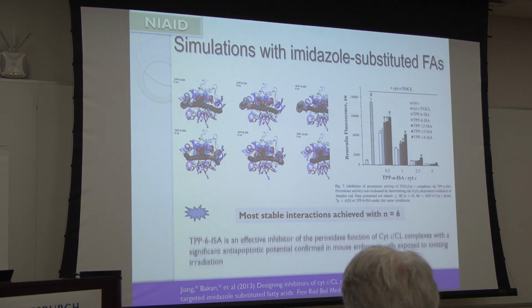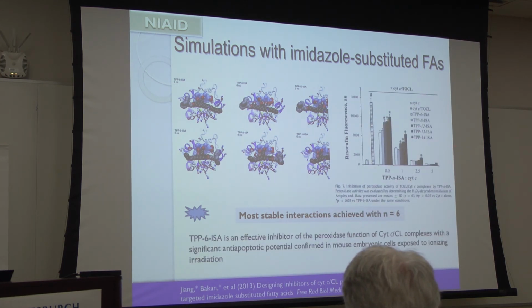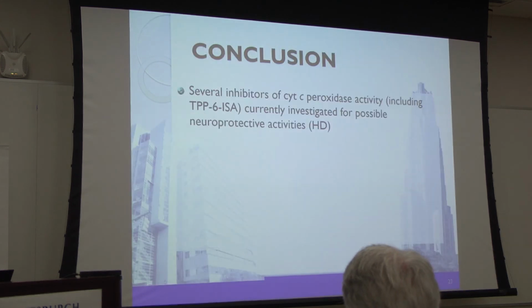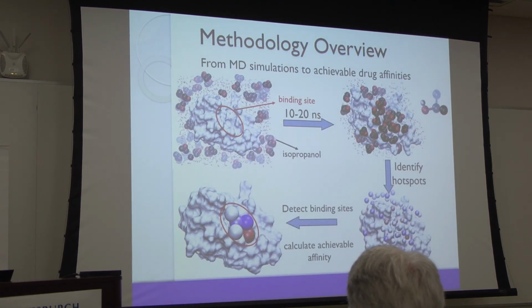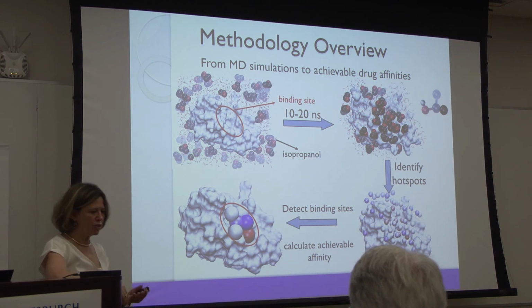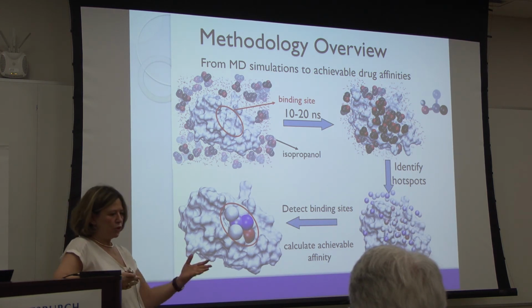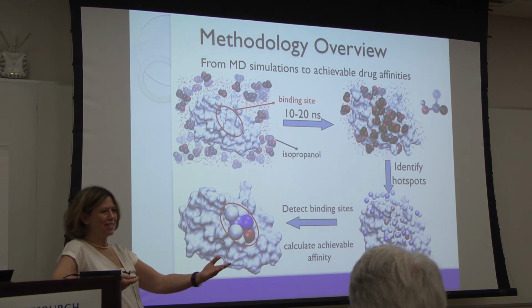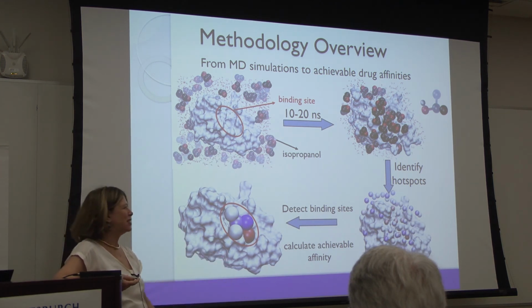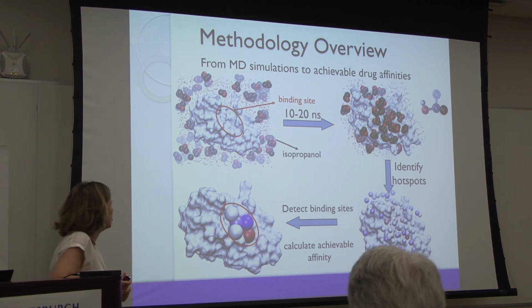So the bottom line is that, in general, we can have multiple predictions based on those simulations, which provide good hypotheses to be experimentally tested. You need to experimentally validate, but it's a very good starting point.